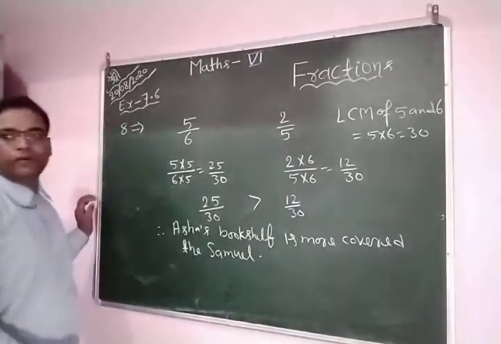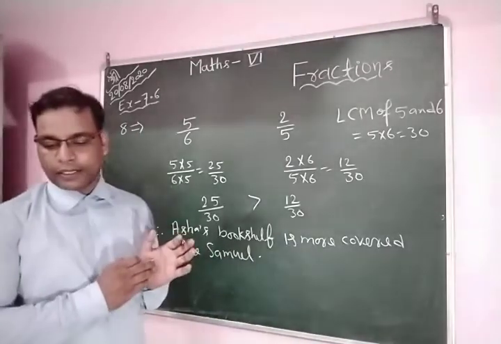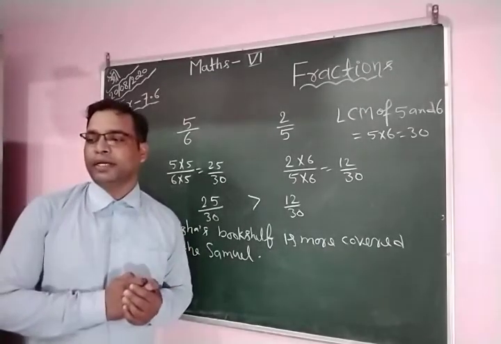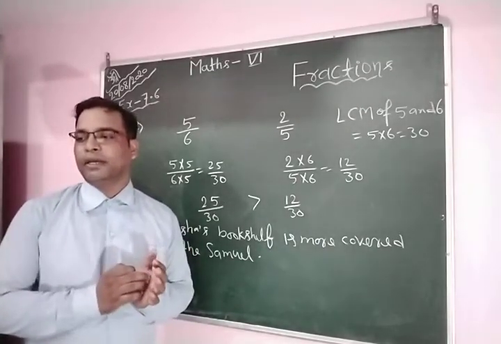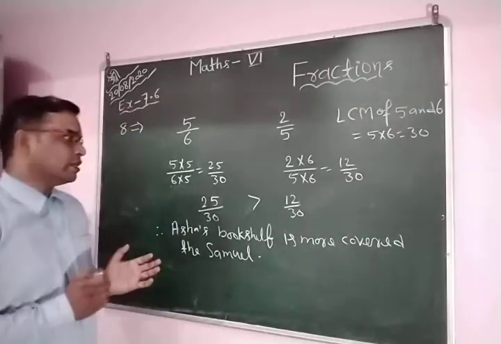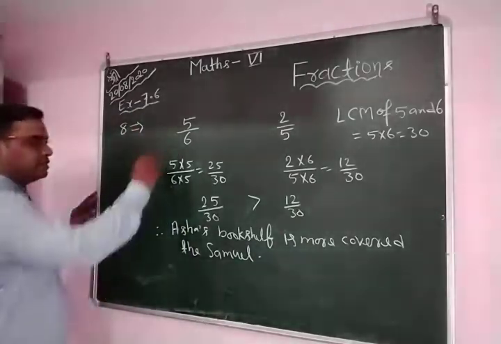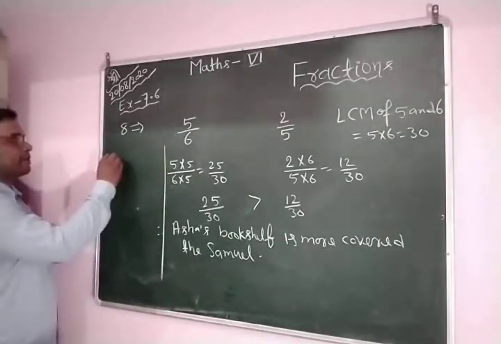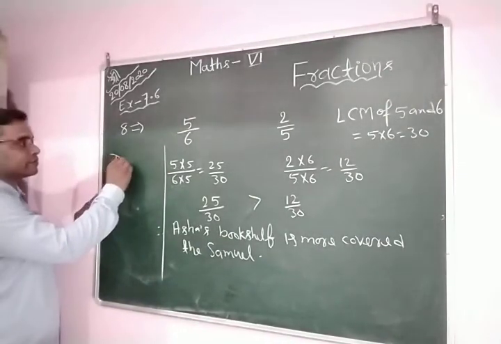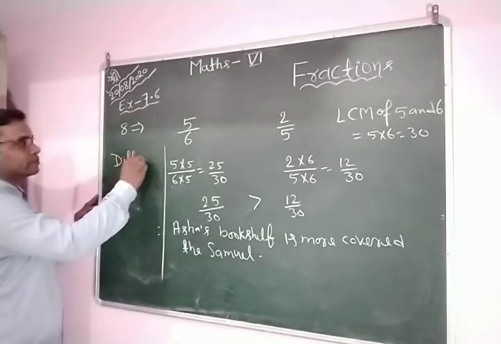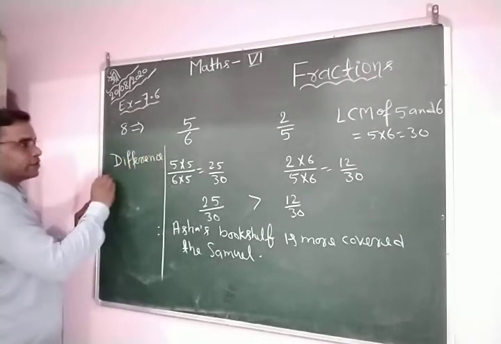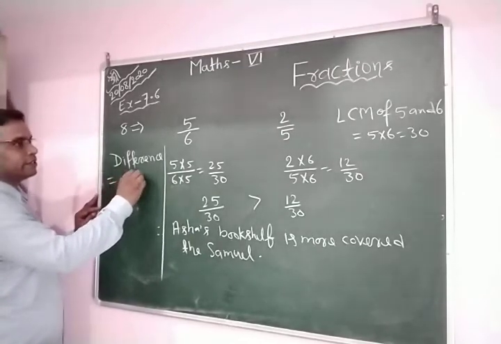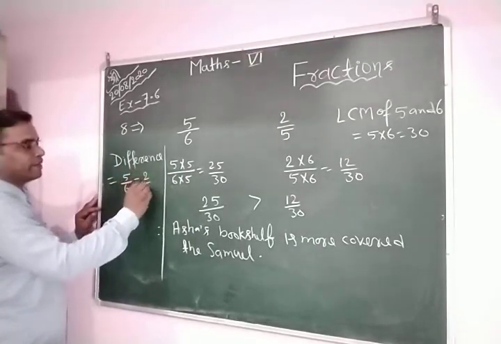Now we need to find by what fraction. It means that we need to find the difference between them. So for the difference, it is equal to 5 by 6 minus 2 by 5.